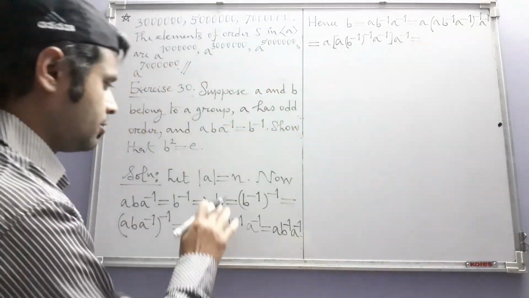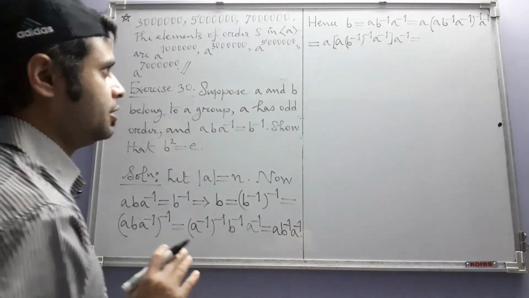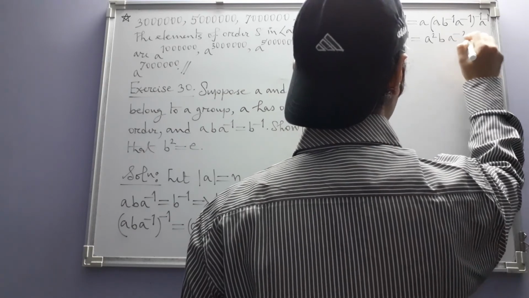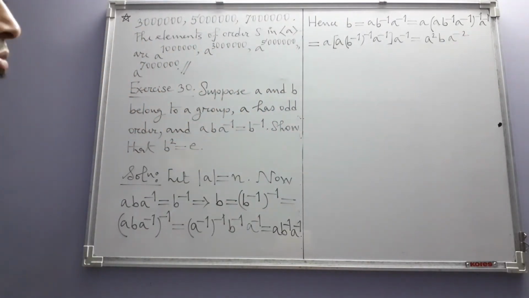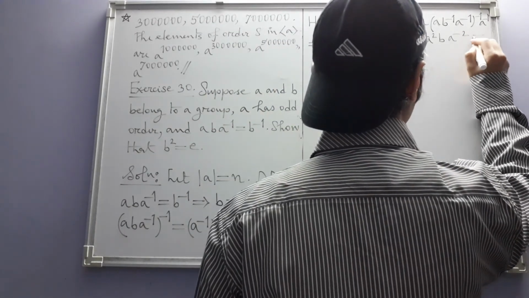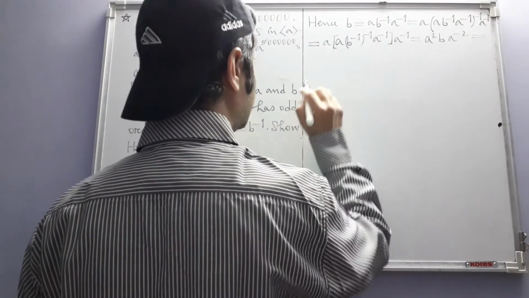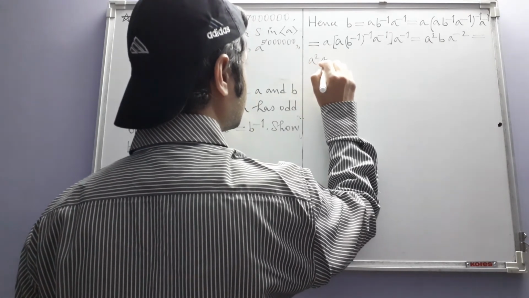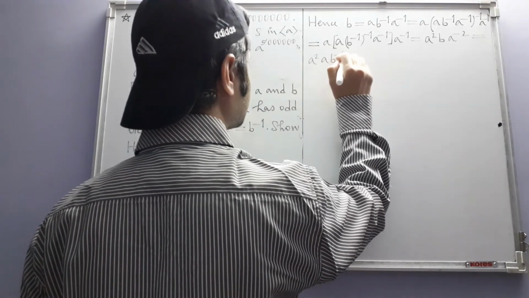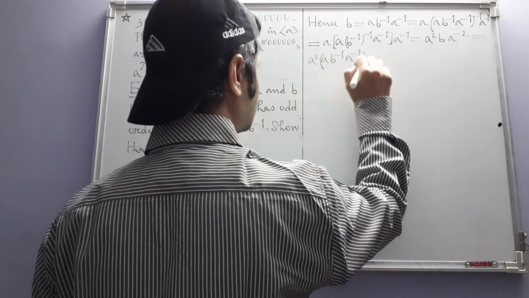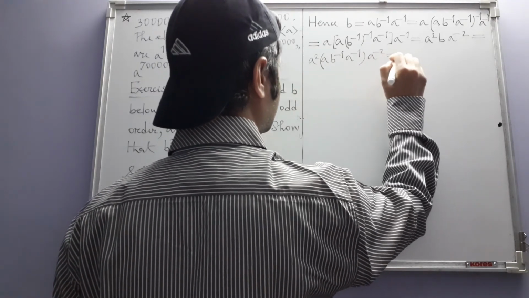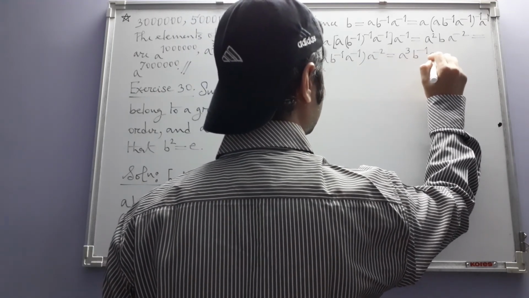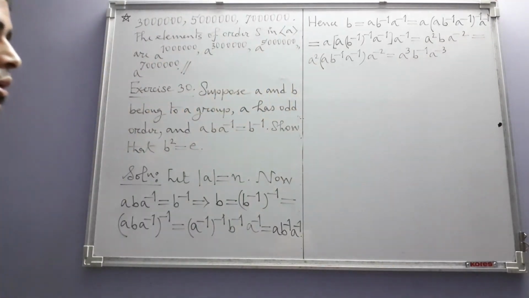I don't know why I thought only finiteness of n is what we need. A square b a to the power minus 2. Okay. Again, in this b, if we use a b inverse a inverse, then we get a to the power 3 b inverse a to the power minus 3.